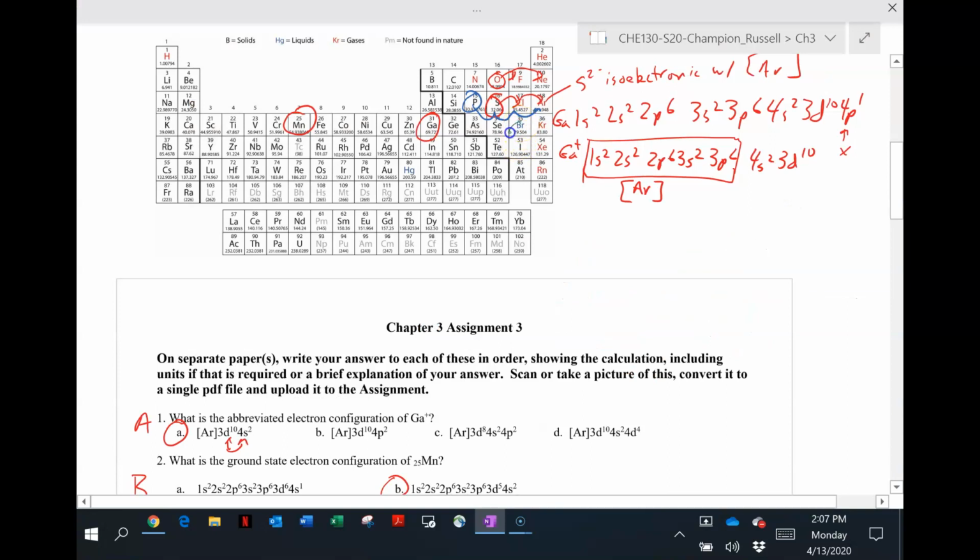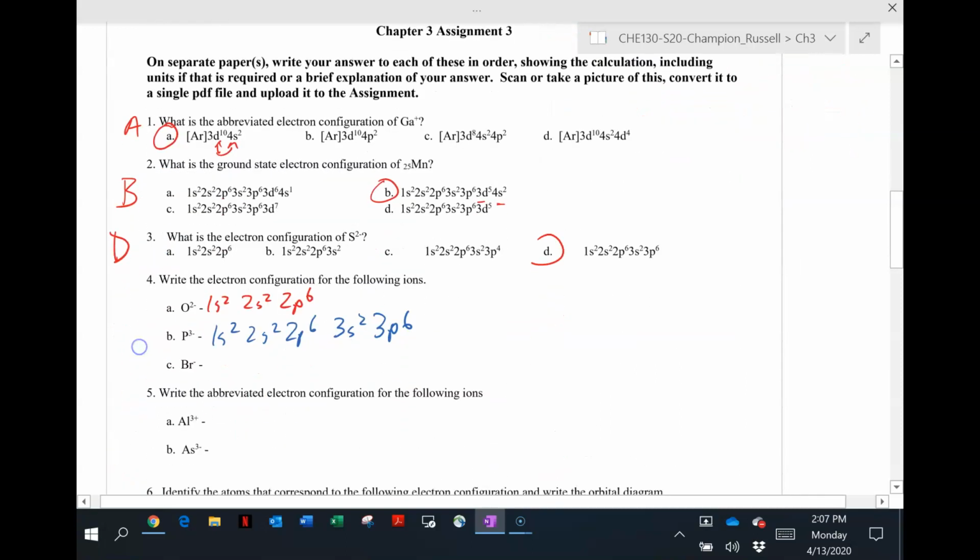Bromine's right here. -1 means it picks up 1 more and becomes like krypton, which is element 36. That's 1s2, 2s2, 2p6, 3s2, 3p6, 4s2, 3d10, 4p6 would be the bromide electron configuration.